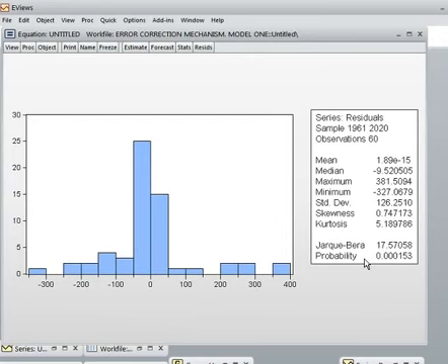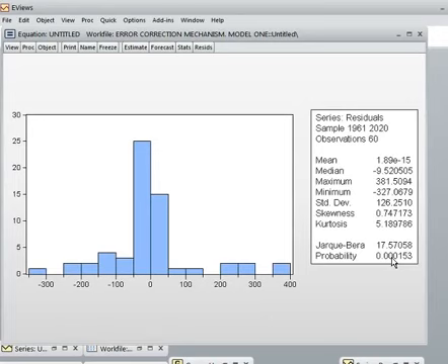What is the p-value? The p-value is less than 5%. So meaning that we can reject the null hypothesis and accept the alternative. What is our alternative hypothesis? The alternative hypothesis is that the residual is not normal.